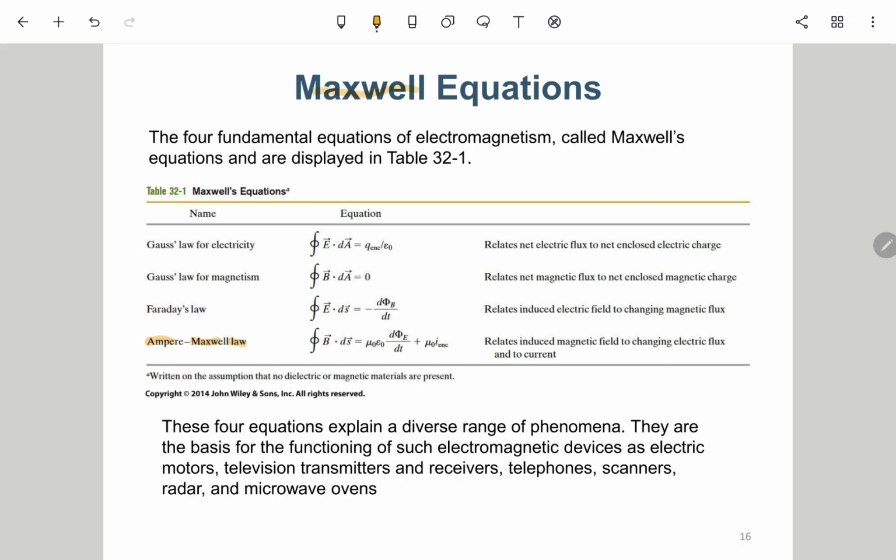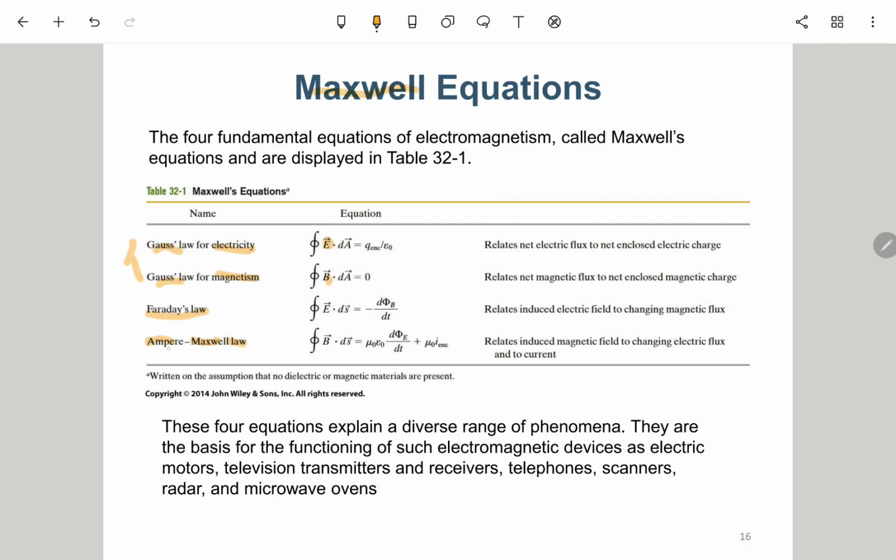So why is it called Maxwell's equations? Gauss discovered Gauss's law for electricity and Gauss's law for magnetism. They let you calculate the E and B fields for some structures. Faraday found Faraday's law, which lets you calculate the induced E field.